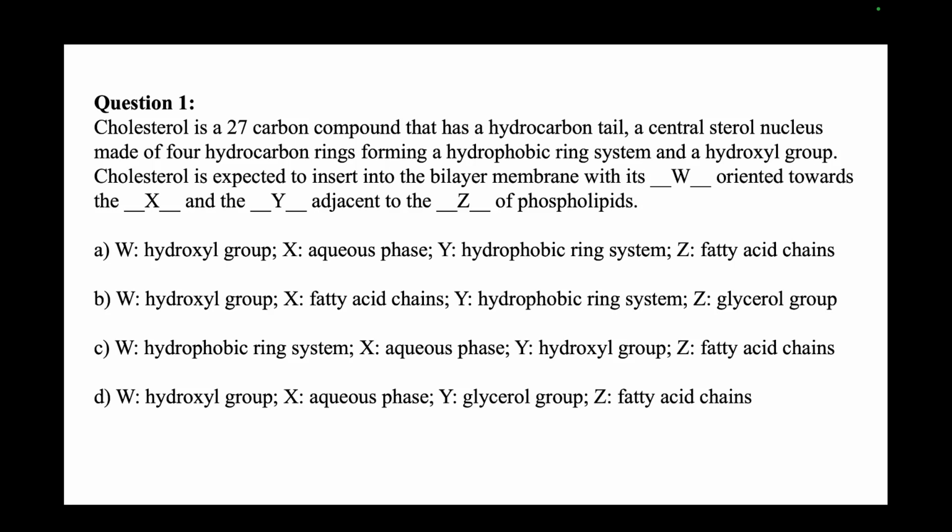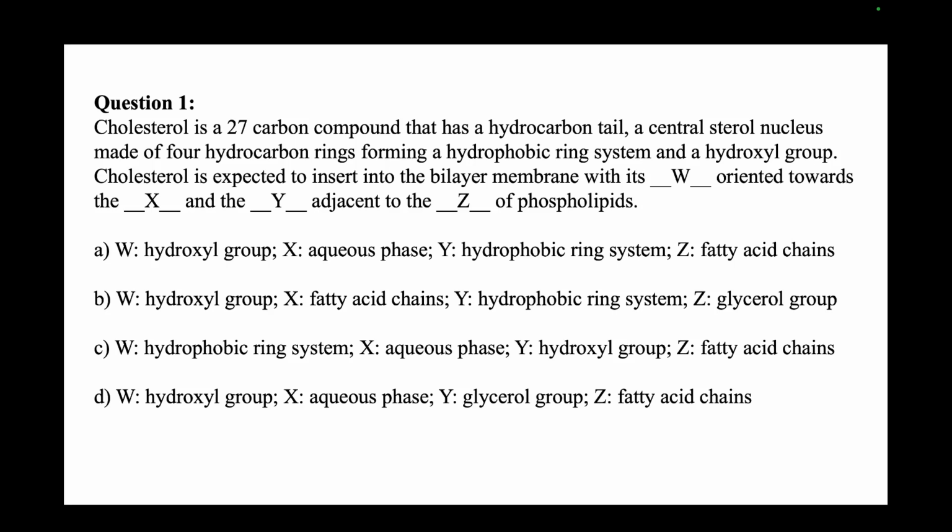Now, cholesterol, if you remember the structure of cholesterol, we have a hydrocarbon tail, a central sterol nucleus made of 4 hydrocarbon rings, and a hydroxyl group. So, now we have to say whether the hydroxyl group is there or the hydrophobic ring system is there and towards which part. Okay. So, we will go through the options once.